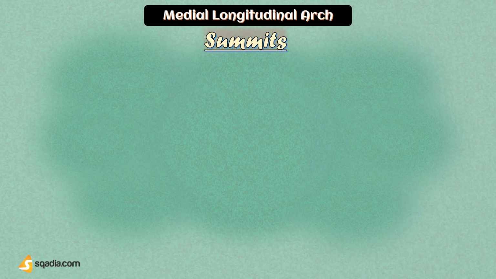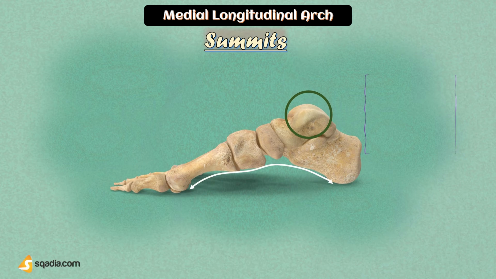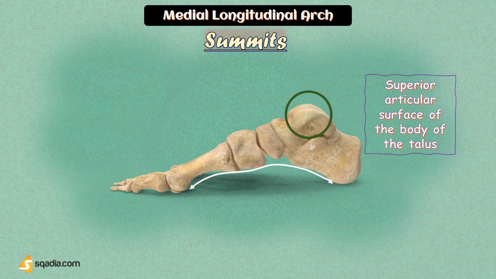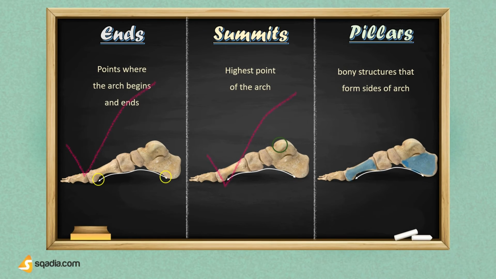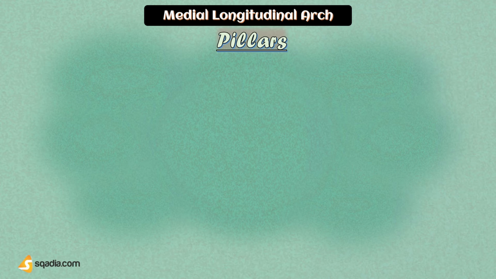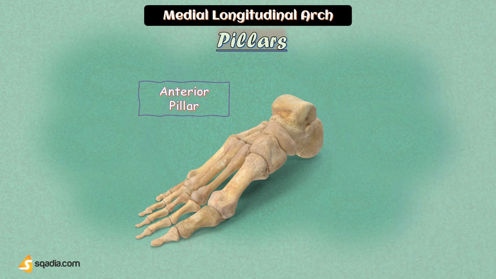Next up is the summit of the arch. The summit of the arch is formed by the superior articular surface of the body of the talus. Pillars. The anterior pillar is long and weak.